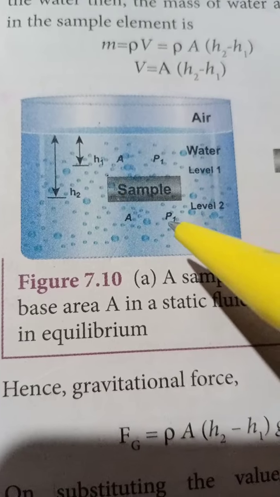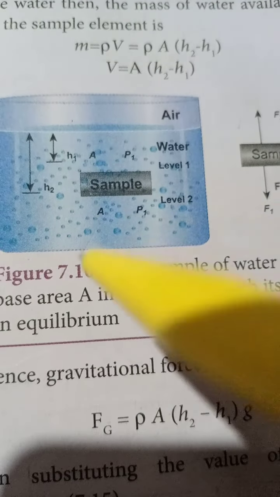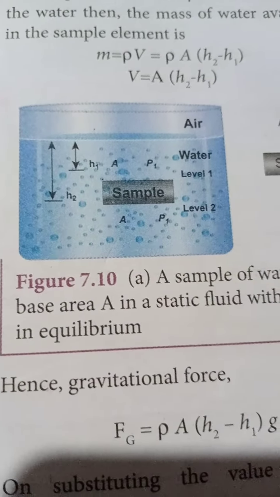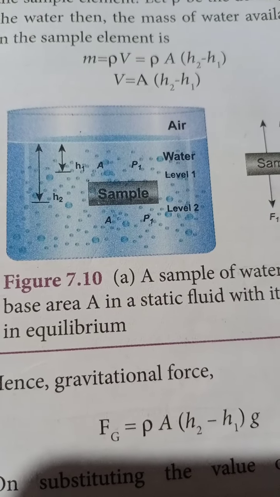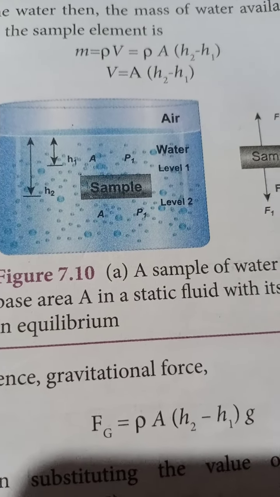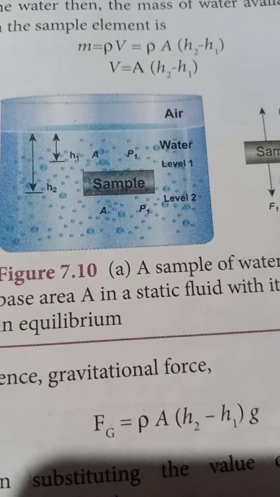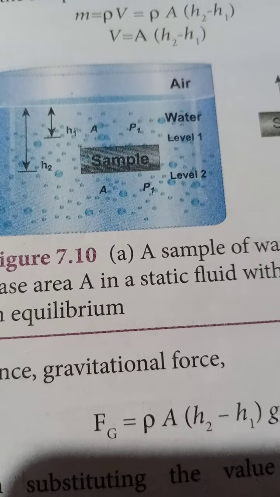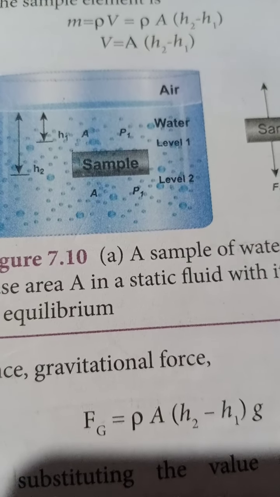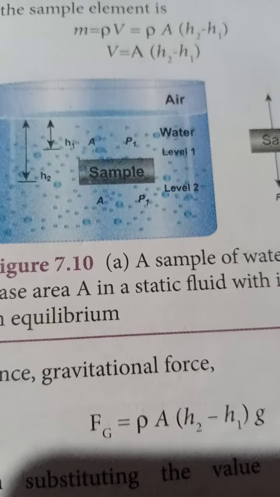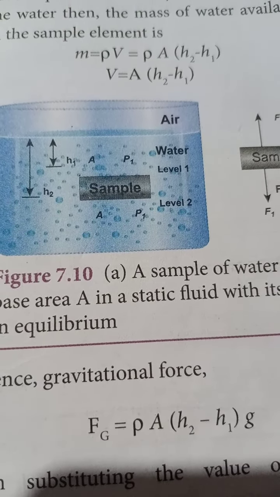It means you can see one diagram here. In one container some water is there, and inside this container we are keeping an object, a sample, and this sample is kept at rest, and for this we are finding the pressure.